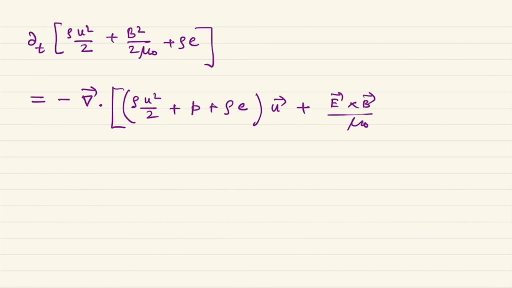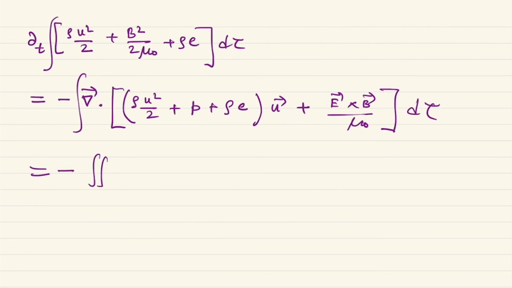So once again, finally it is true that we have to ascertain that when we do this, it should be like this, and then this will be simply equal to the whole thing, (ρv²/2 + p + ρe) v, sorry, it's v, every time I am making u, v.